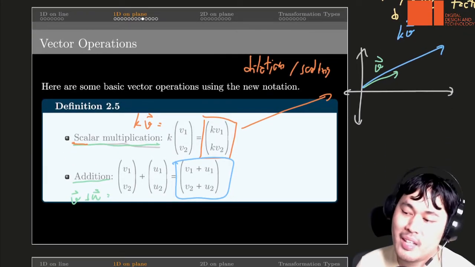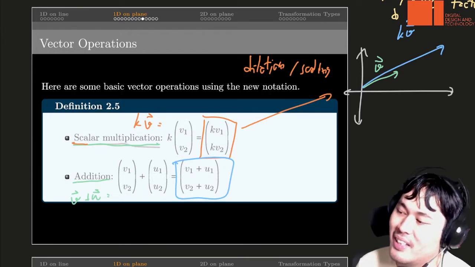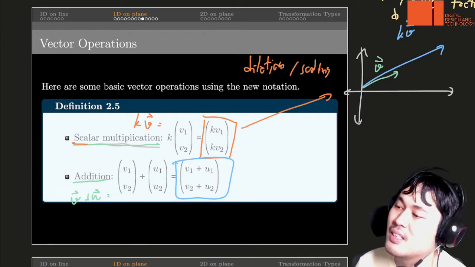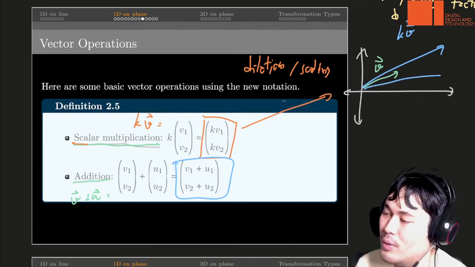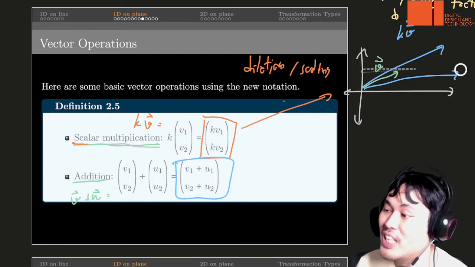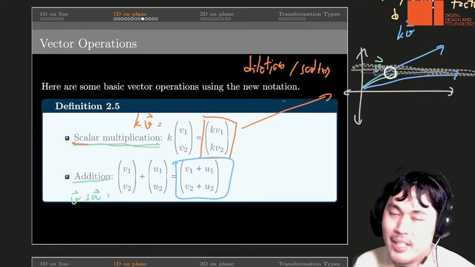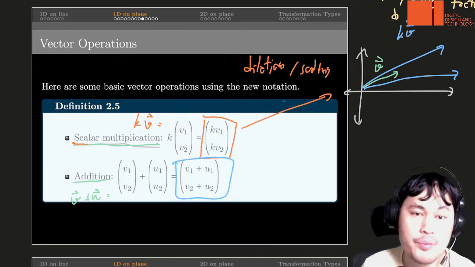Right, and the reason why we have to do this on both top and bottom is, if you have this green v vector and you only scale in the x direction, the result would look like that, where you keep the same y coordinate, the same height, but only scale in one direction. That looks weird.